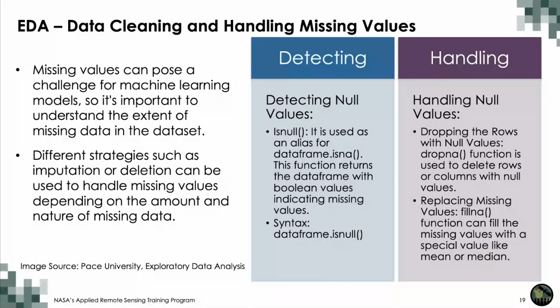We can use isNull to detect null values in a pandas data frame that's in your machine learning data set. We can also handle those null values using methods like drop_NA to drop rows of your data set that contain a null value. You can use fill_NA to fill null values with a special value like mean or median. We'll see more of this in our exercise on EDA.